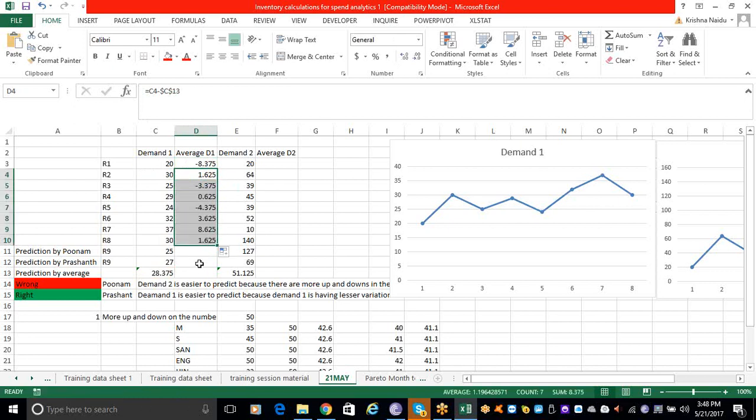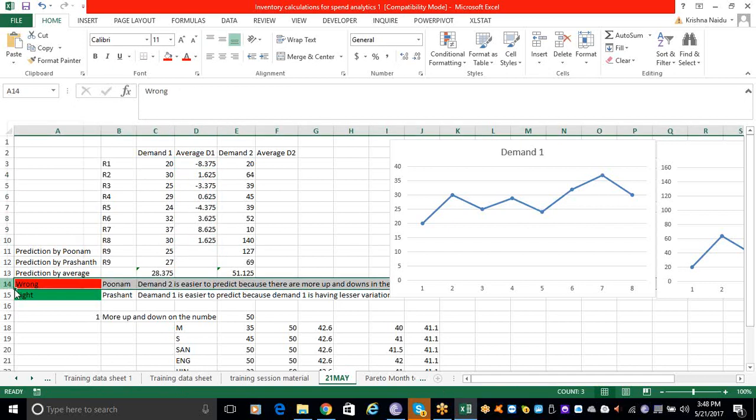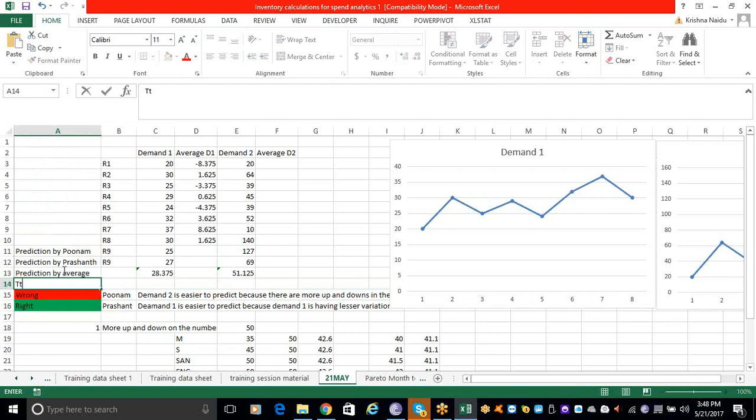So what is the total sum of the error, if I take the average as a prediction? What is the definition of error here, Poonam?